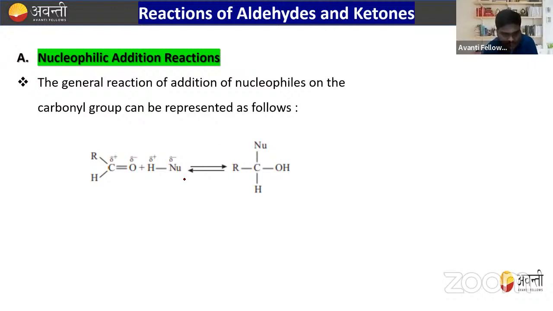This nucleophile can attack the carbon, which behaves like an electrophile, and the oxygen behaves as a nucleophile, so here the electrophile will attack. The product becomes R-CH with the nucleophile and an OH. So this is the nucleophilic addition reaction.